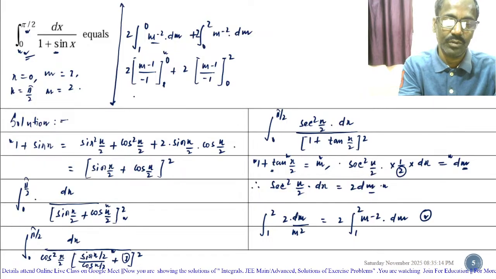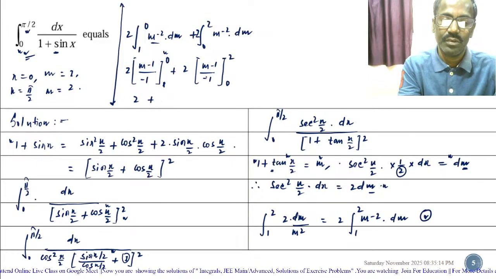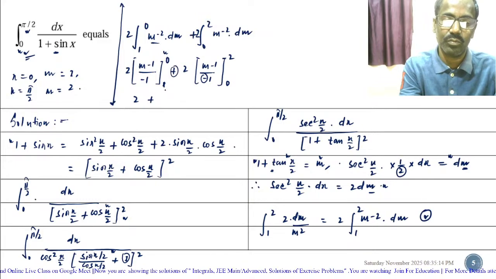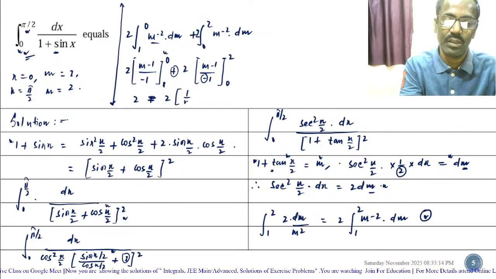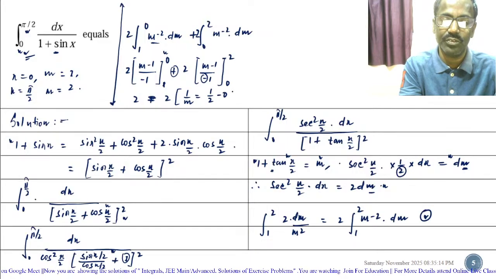so here will be 2, and here we write minus, since minus plus minus, so we write minus, and we write 2, and we write 1 by m. So this one will be 1 by 2 minus 0. So we cancel this one, then we get at this step 1.